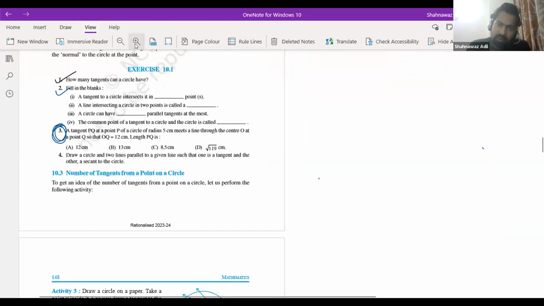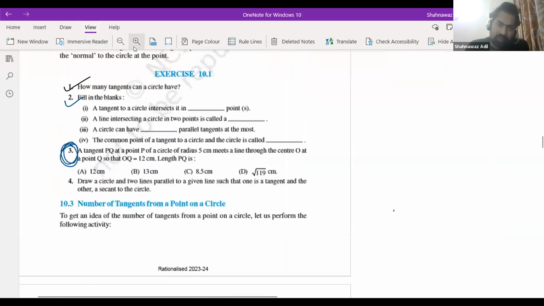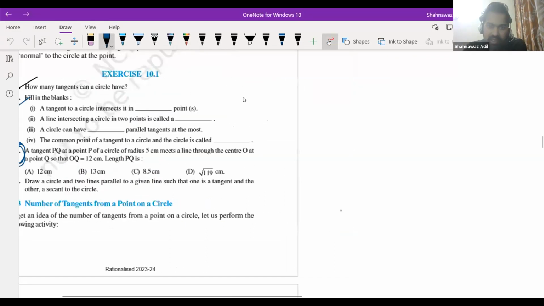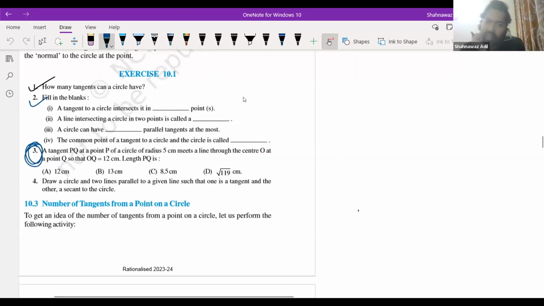Let us do some questions. The first question is, how many tangents can a circle have? How many tangents can you draw in a circle?